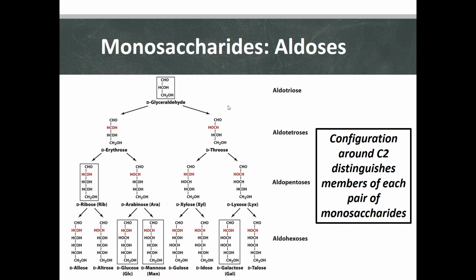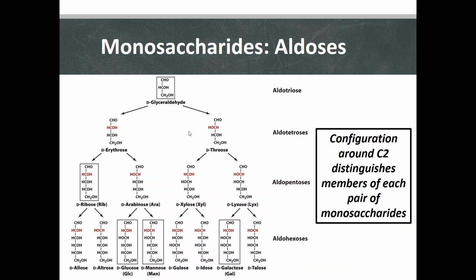Remember, I want to highlight that we inserted a new chiral center between the aldehyde group and the original chiral center. So that's what gave us these 2 new monosaccharides. Now, the insertion of a new chiral center could occur with 2 different configurations. It could be L, could be D.